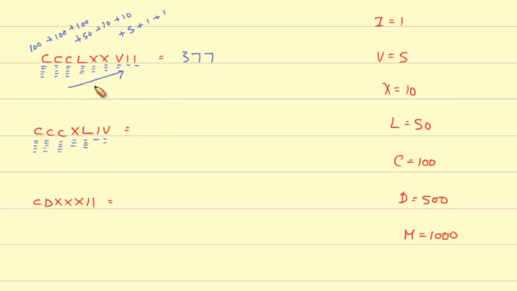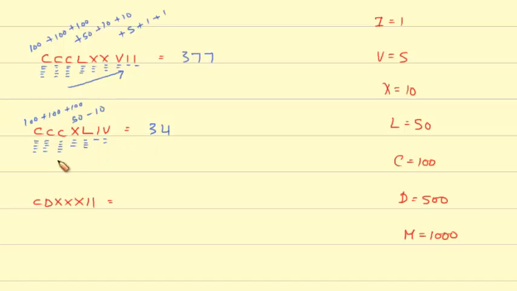So what we're going to do in this case is first focus on the C's. We have 3 C's. There's nothing before that of lesser value, so we can just add them: 100 plus 100 plus 100. So we've got 300, and I'm going to put a 3 over there. Then we're going to look at the next highest numeral, which is an L. L is here, but we have an X before that, so that's 50 minus 10, which is 40.